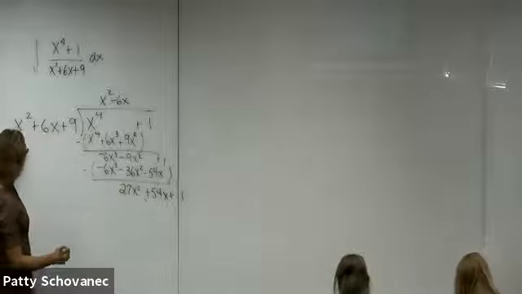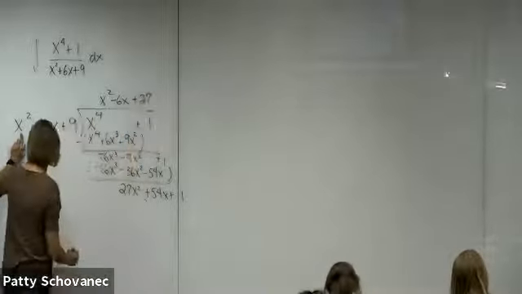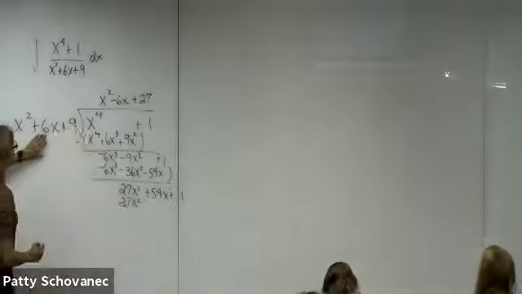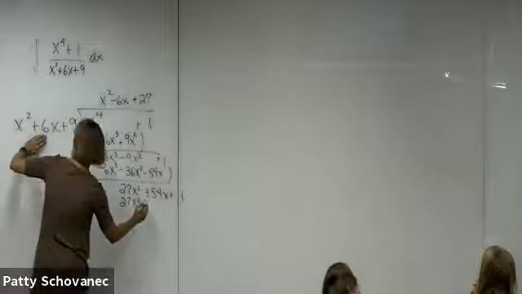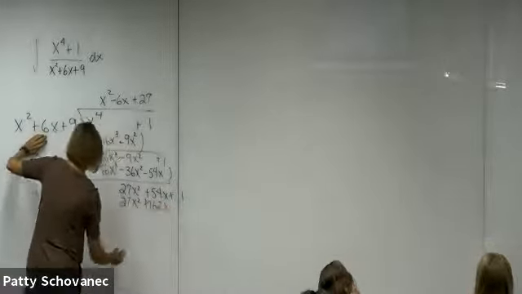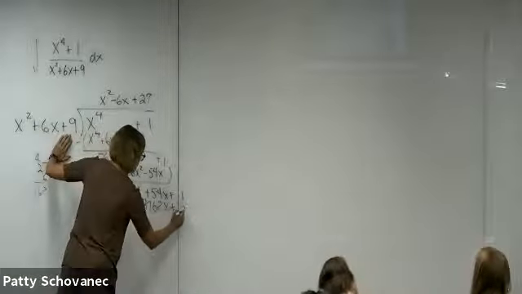So next I've got to multiply everything by 27. And that gives me the 27x squared. 6 times 27 is 162, and that's going to be plus 162x. And then 9 times 27 was the 243.